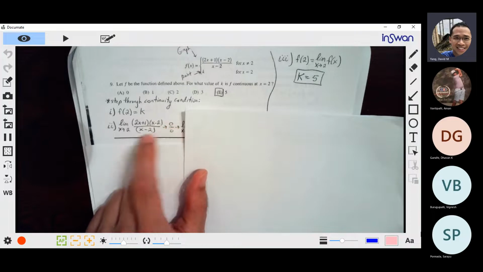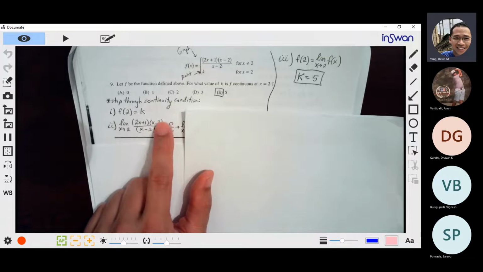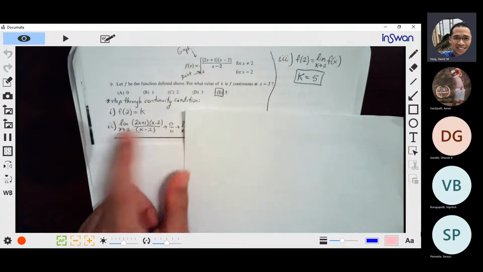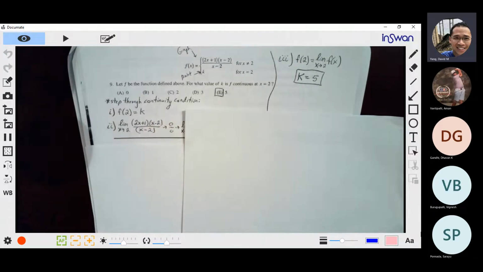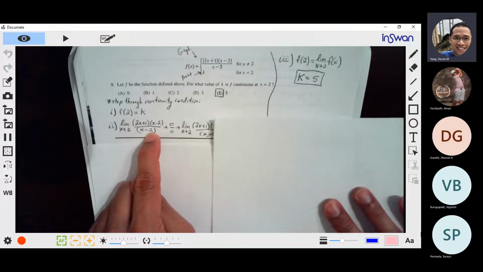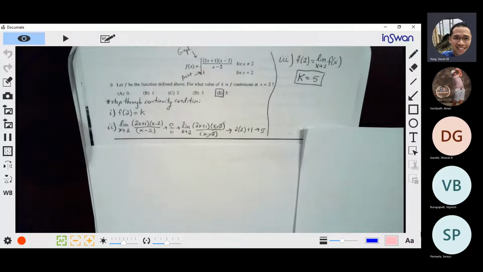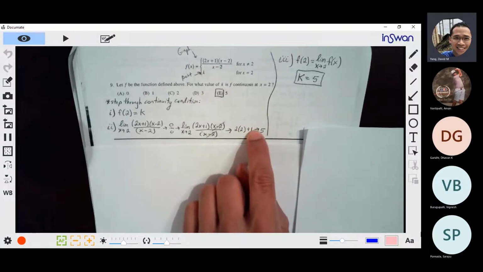So anything times 0 is 0. Inserting 2 for x in the denominator, we also get 0. So we get 0 over 0, which is indeterminate form. We are able to reduce. Once we reduce, we reevaluate, and we get 2 times 2 plus 1, or 2 times 2 is 4, 4 plus 1 is 5. So our limit is 5.